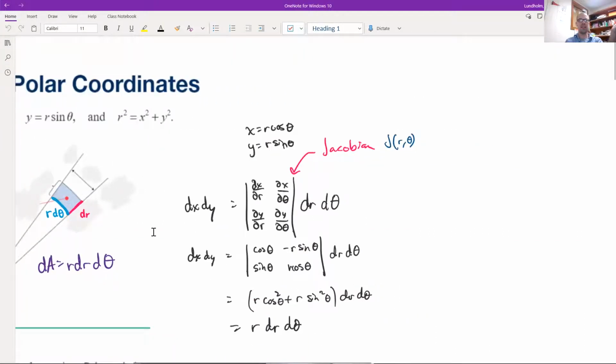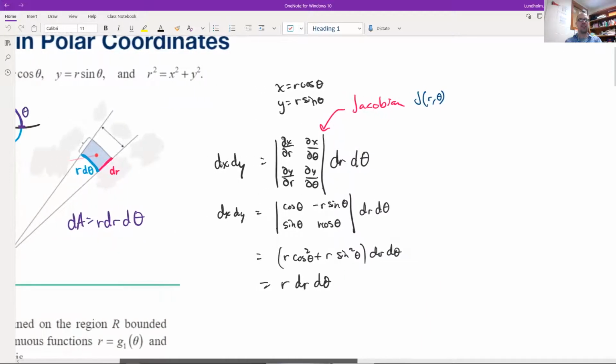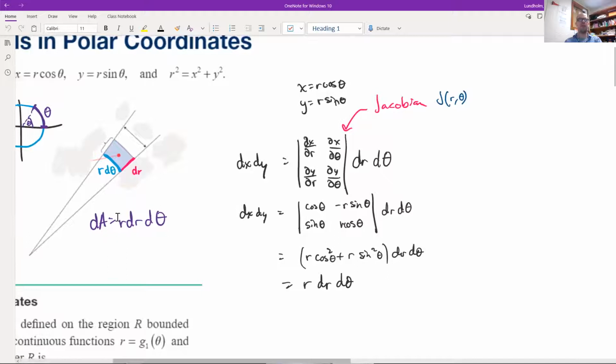I wanted you to see not only a geometric way of understanding that this area differential needs to be r dr d theta. There's also this partial derivative way of thinking about this.